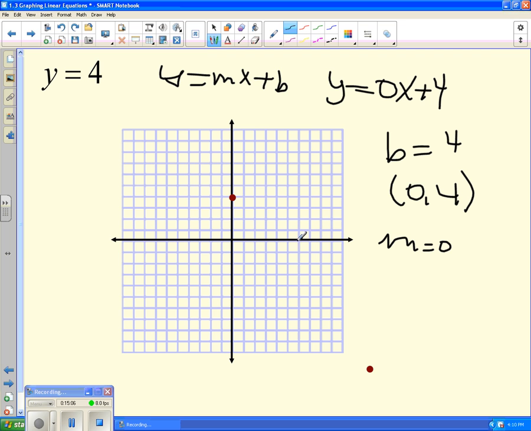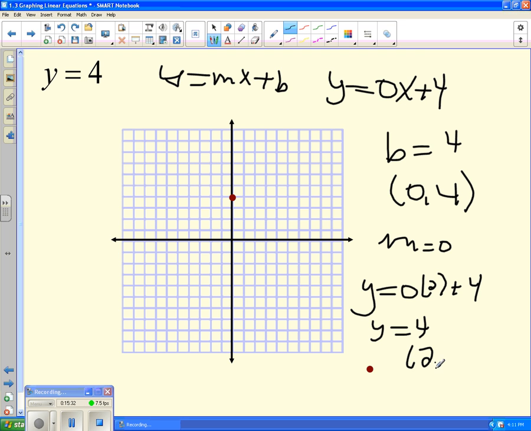Well, let's think about this. Let's say I let x be 2. So I'd have y equals 0, which is the slope, times 2 plus 4. Well, what happens is the 0 times 2 goes away, and I still get y equals 4, which would be the point when x is 2, y is 4.